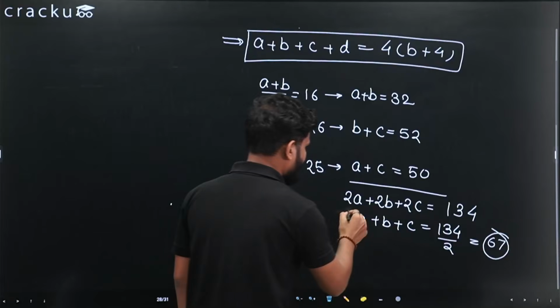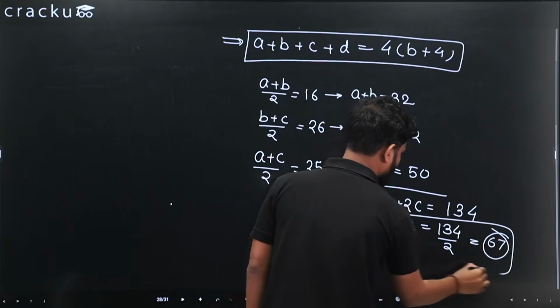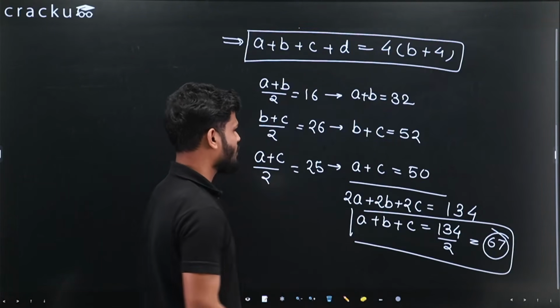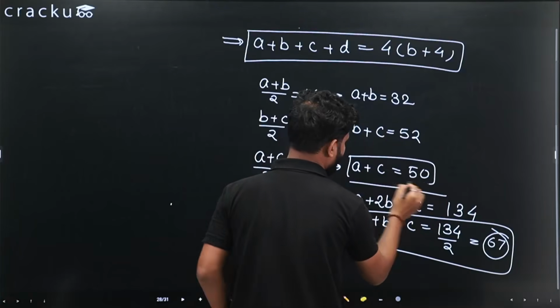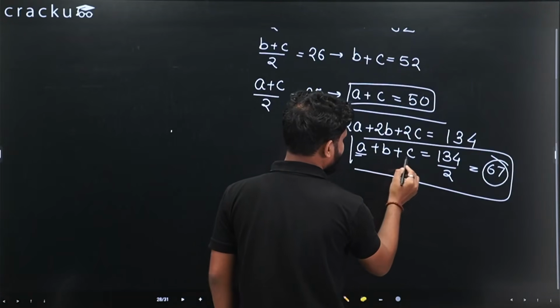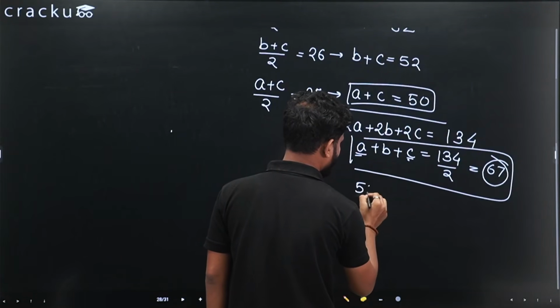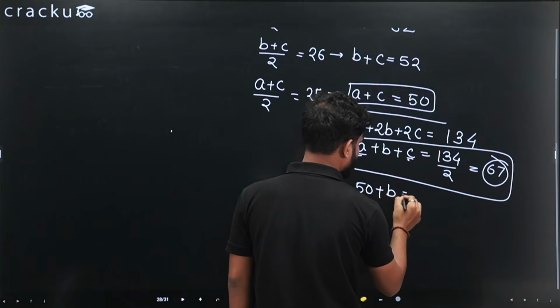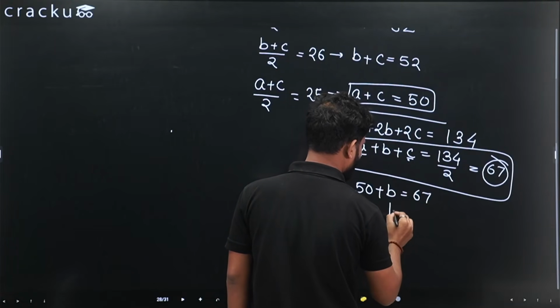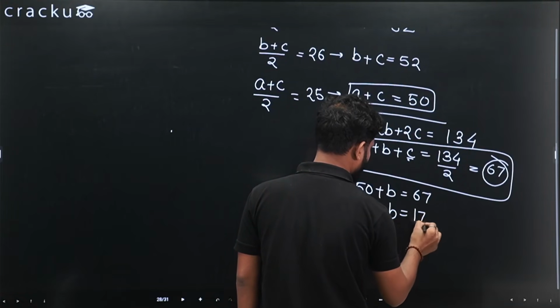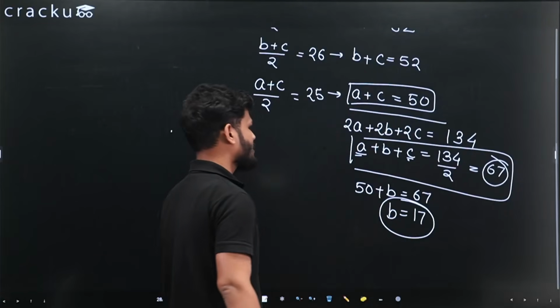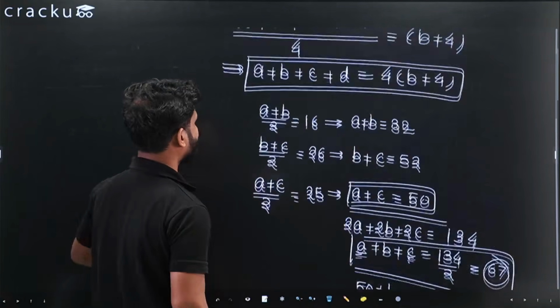Now, if A plus B plus C is 67, what is the value of B? You know A plus C is 50. So if A plus C is 50, I can say 50 plus B is 67, or B is equal to 67 minus 50, which is 17. So I got B is equal to 17.